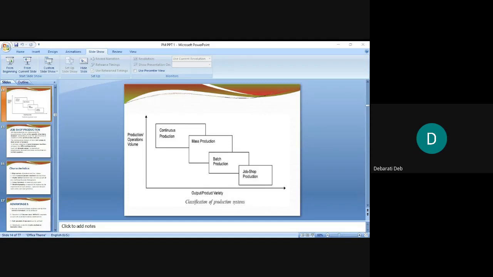Then, higher level of inventory at all levels, and hence higher inventory cost. As I already told you, you have to maintain a higher inventory level, and you will also have to ensure that you have the proper amount of capital to handle the inventory cost.